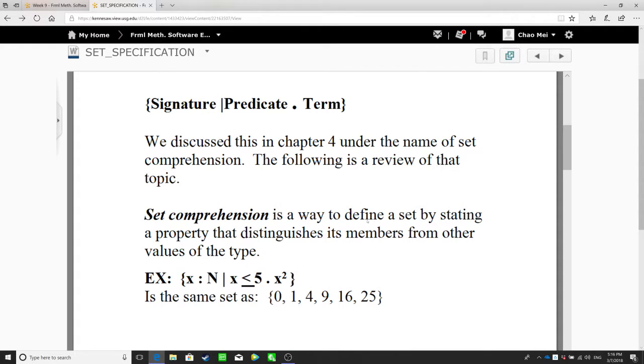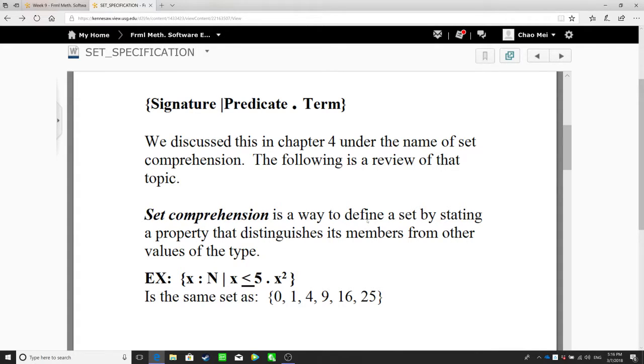Term is the actual thing that is inside this set. Here the term is x squared, and the value of x squared is in this set. That part is easy.